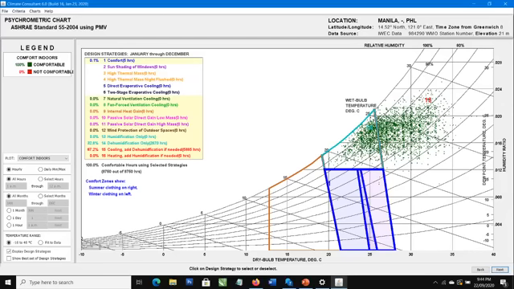In this case, if you can see the green dots, if you're designing a particular room, you want to be in that area of the graph. So basically, it's between 20 degrees and about 25-ish degrees. So this cyan box here on top of the blue one is where you want to be.